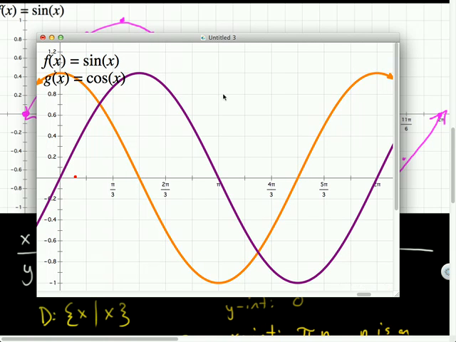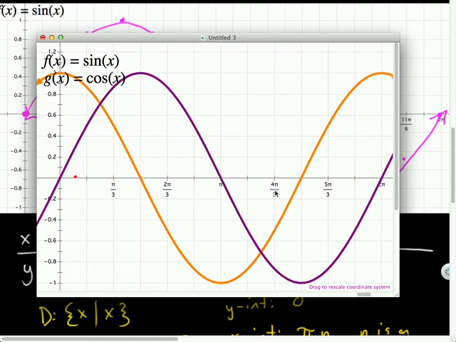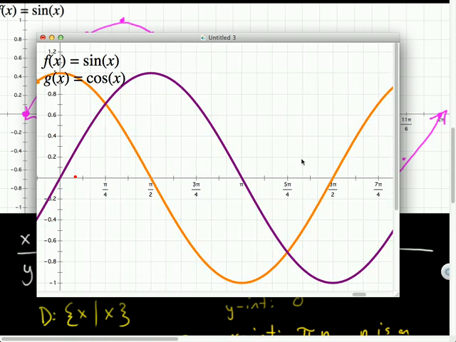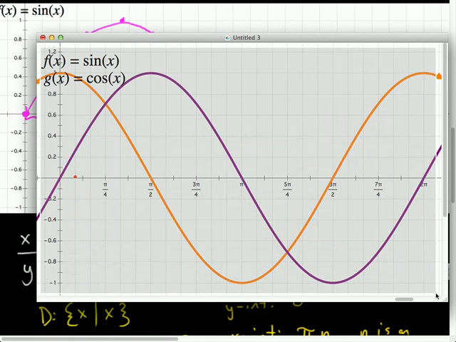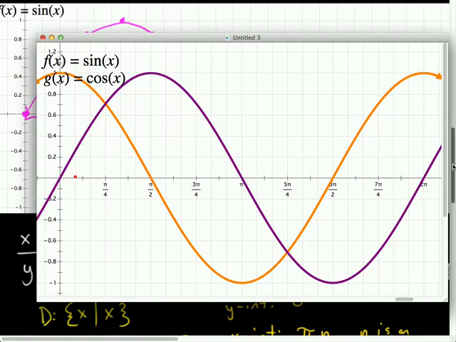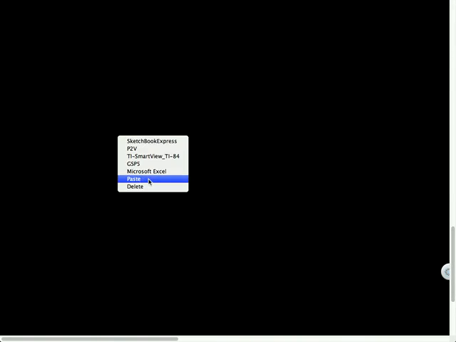So there's the graph of cosine of x. It's just off by, do you know how far off that is? What's it shifted by? 90 degrees off, which is one full quadrant off, isn't it? About tangent? Oh, we're not ready for tangent yet. We're just doing sine and cosine today.